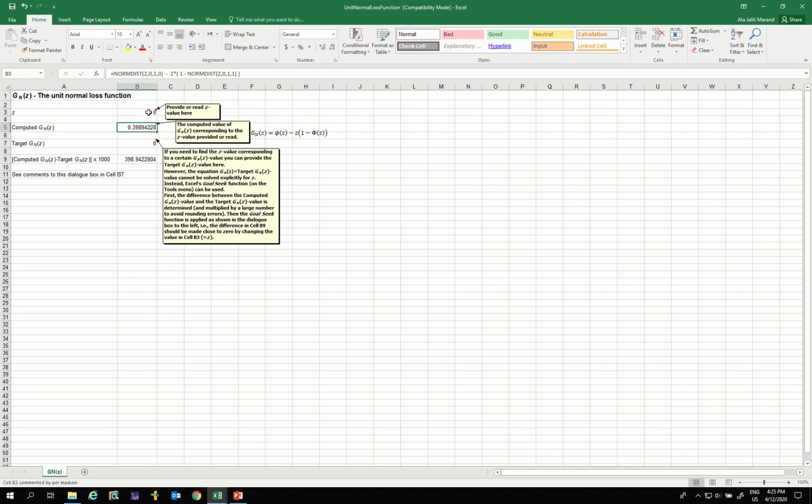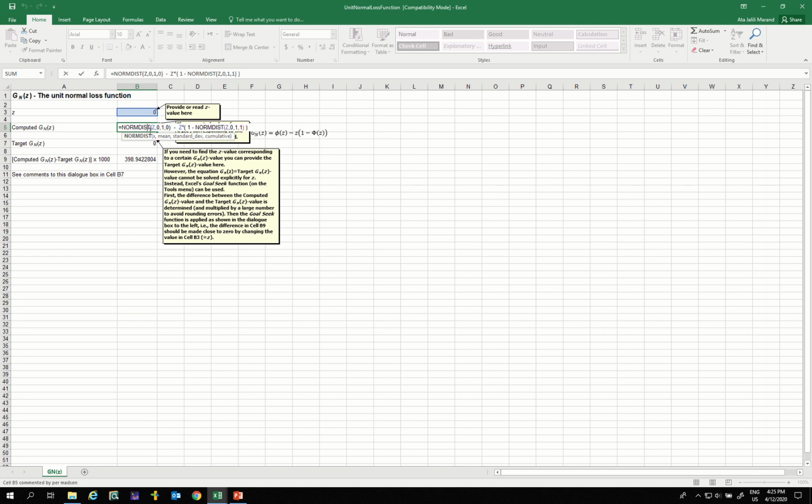So here I assume that z is determined in this cell, and then I can replicate the formula that I had like this.